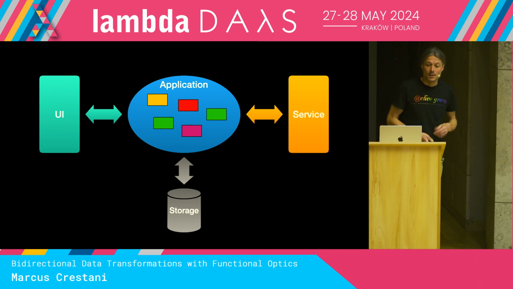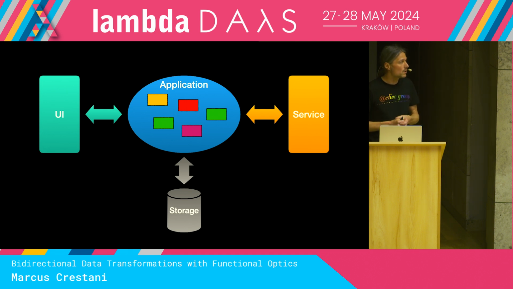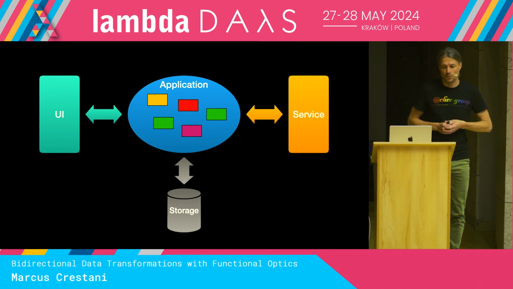And additionally, the application may need to use some other services that also require the data to be restructured to match the interface requirements of the service and to be transformed into a serializable format if the service is to be contacted via the network, and back again.